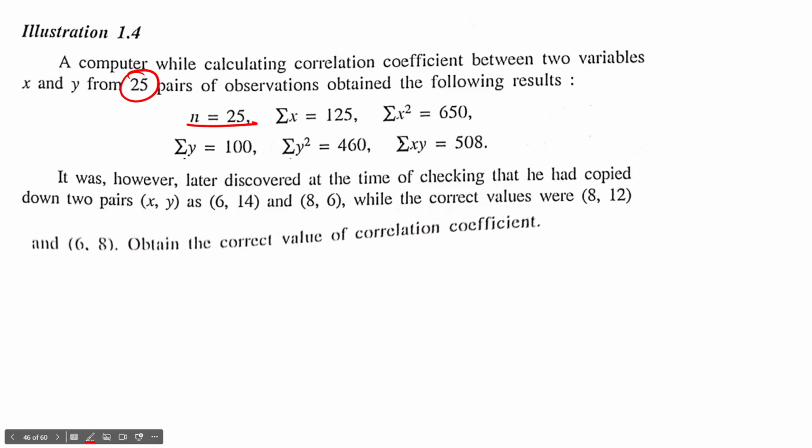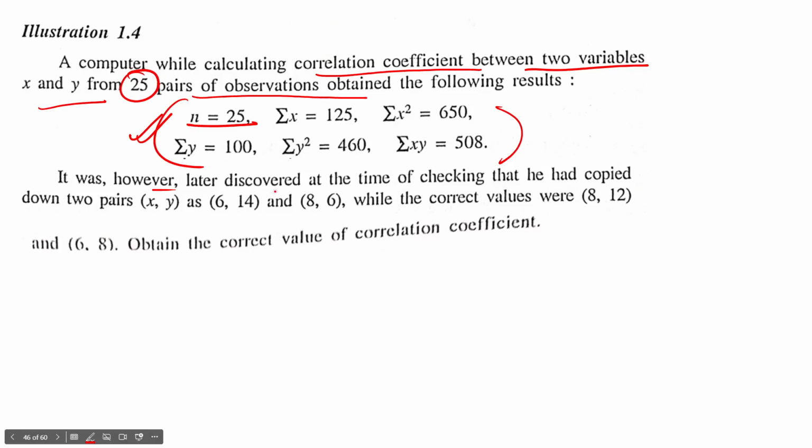So what is given? One computer is calculating the correlation coefficient of some data, some pairs of observations. For that, some results or observations have been given.